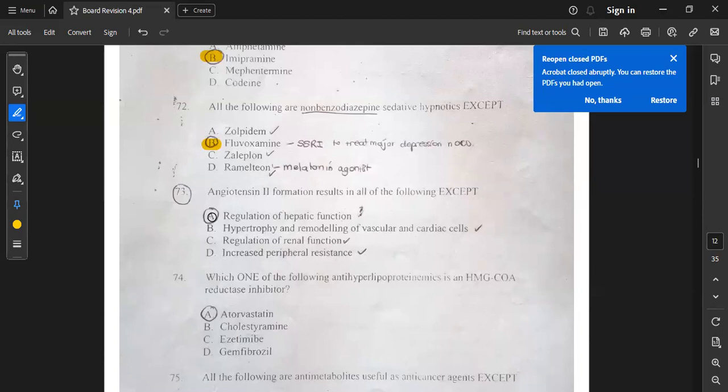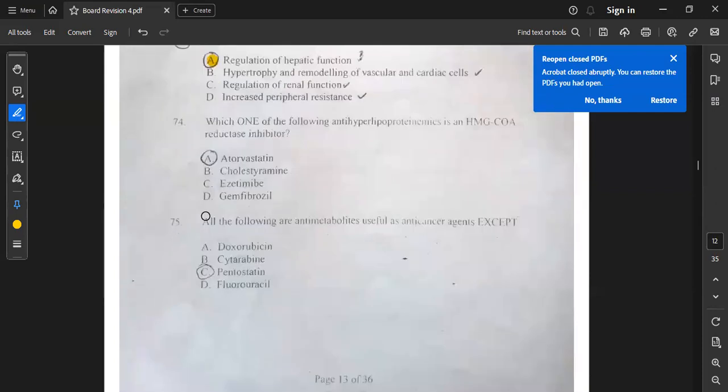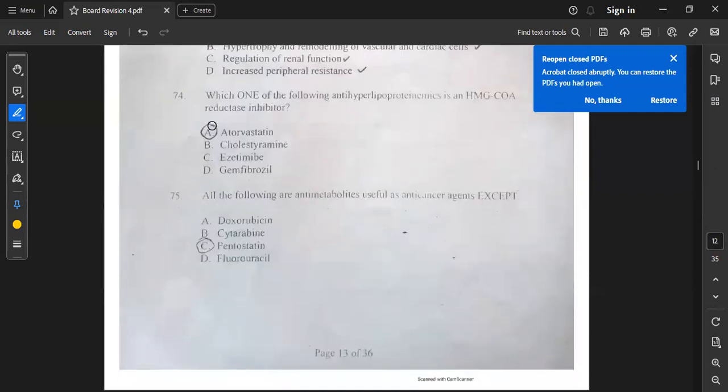Number 74, the question asks, which one of the following anti-hyperlipoproteinemias is an HMG-CoA reductase inhibitor? So which of the following anti-hyperlipidemic agents is an HMG-CoA reductase inhibitor? Is it atorvastatin? Hirala said it is atorvastatin.